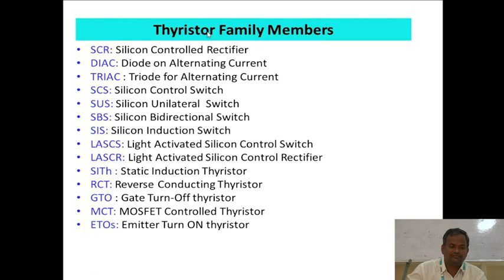The thyristor family members are the SCR, silicon controlled rectifier; DIAC, especially for AC; TRIAC, also for AC; silicon controlled switch; silicon bidirectional switch; light activated silicon controlled switch; light activated silicon controlled rectifier; static induction thyristor; reverse conducting thyristor; gate turn off thyristor; MOSFET controlled thyristor; and emitter turn off thyristor. All these are some of the thyristor family members.